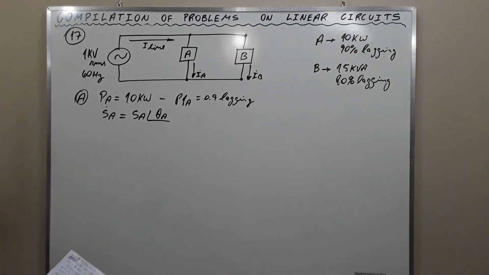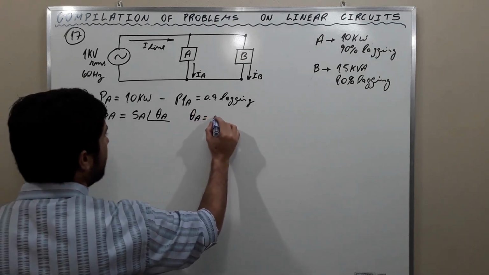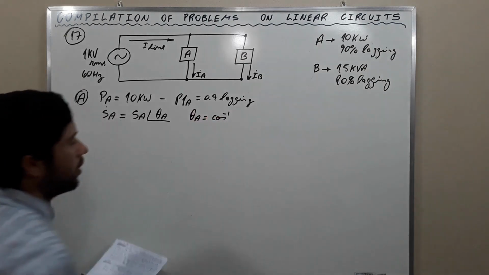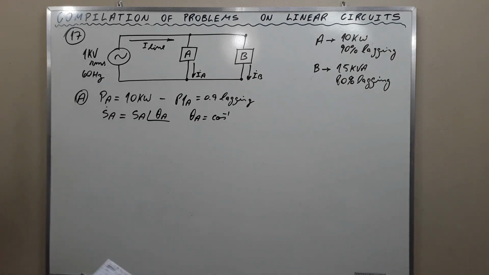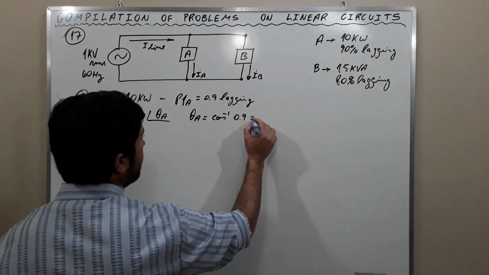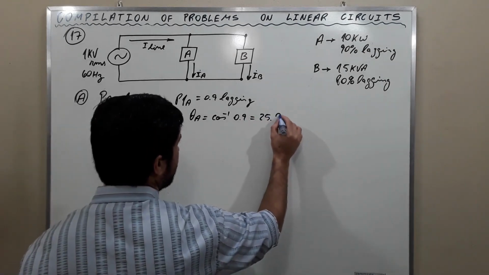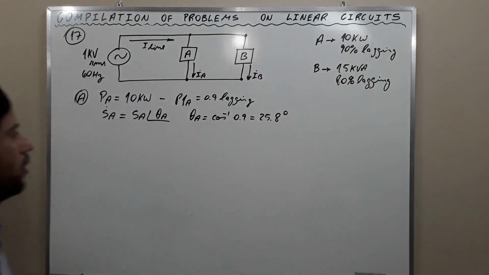And this angle is the inverse cosine of the power factor, and this is equal to 25.8 degrees. All right?